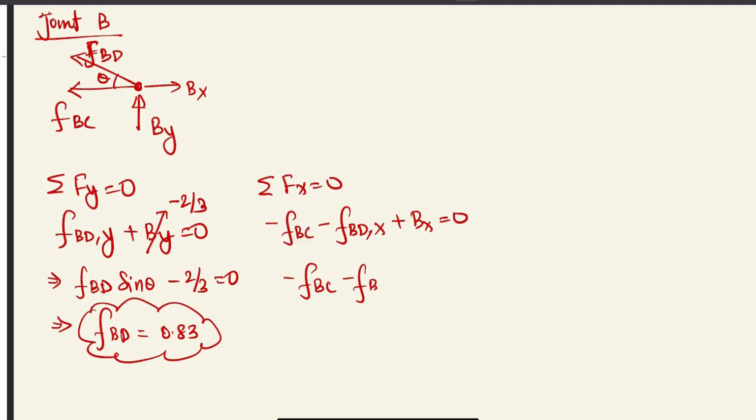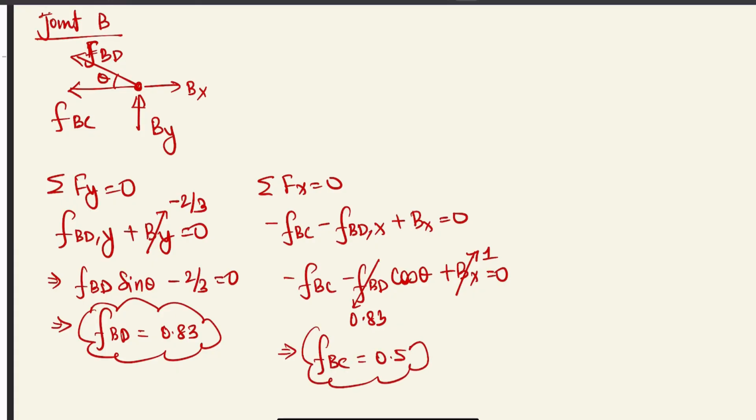This will be FBD cos theta plus Bx is equal to 0. And we know our Bx is equal to 1, and FBD is equal to 0.83. So FBC will be equal to 0.5 kips.